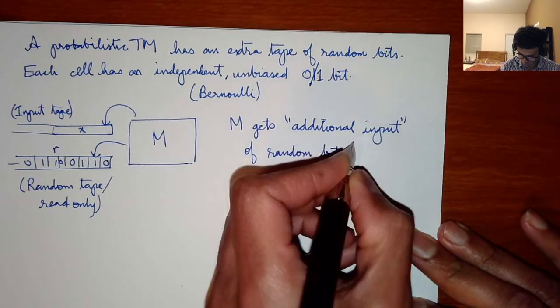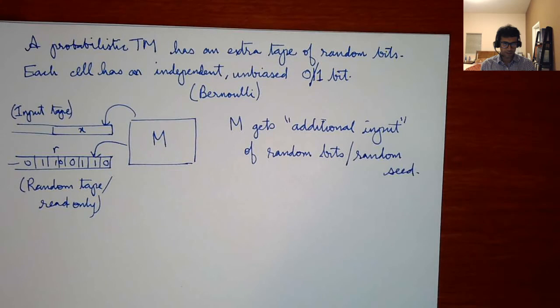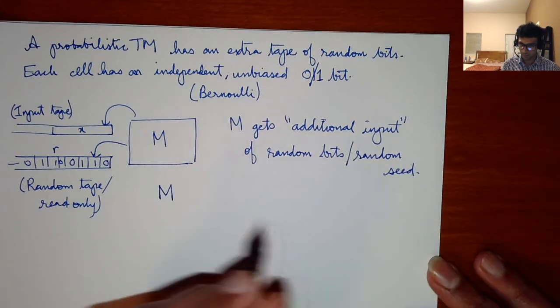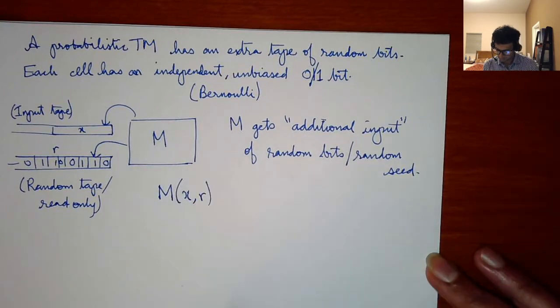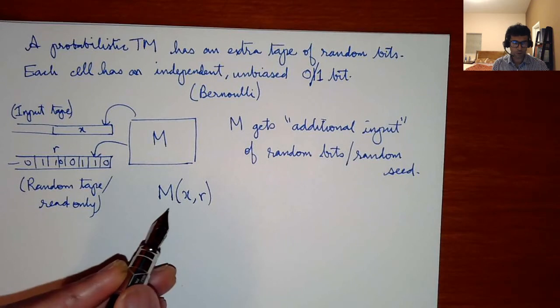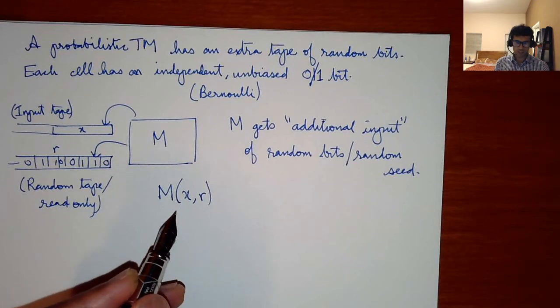And this is also called the random seed. So in addition to its input, it gets a random seed. So technically M is a function of X comma R. M runs on the input and takes a secondary auxiliary input, which is the randomness.